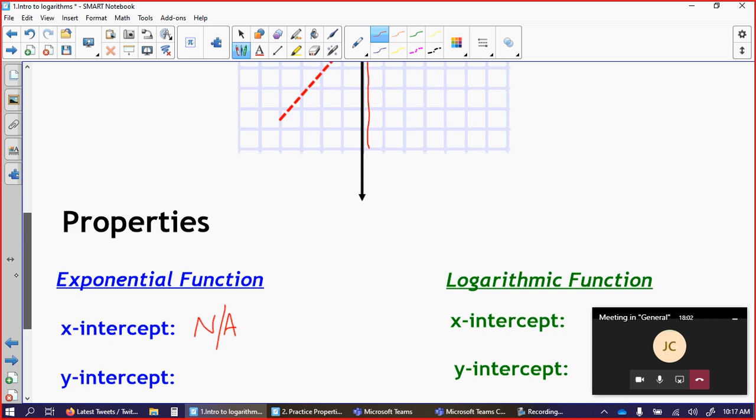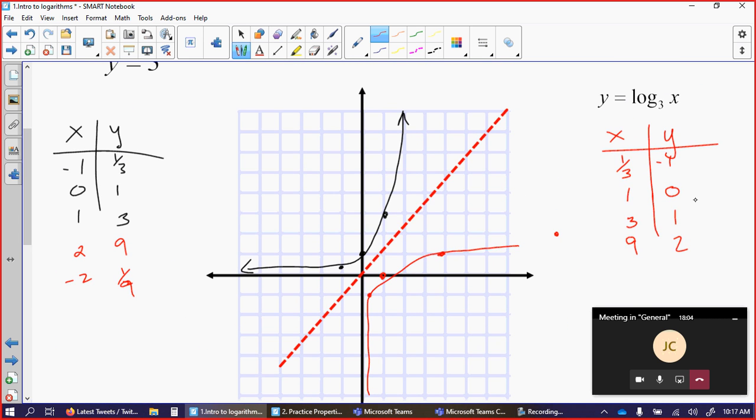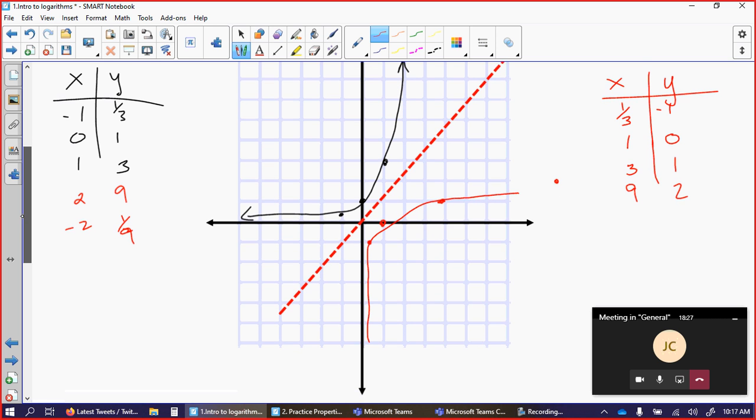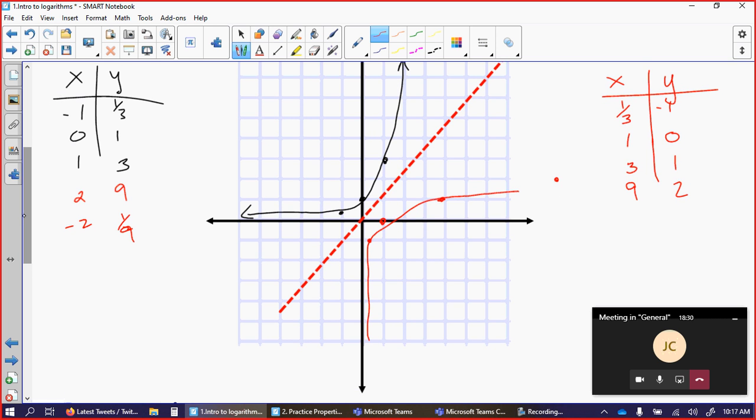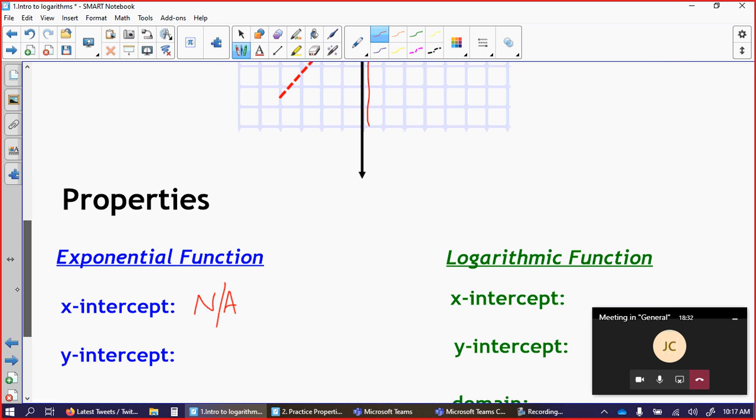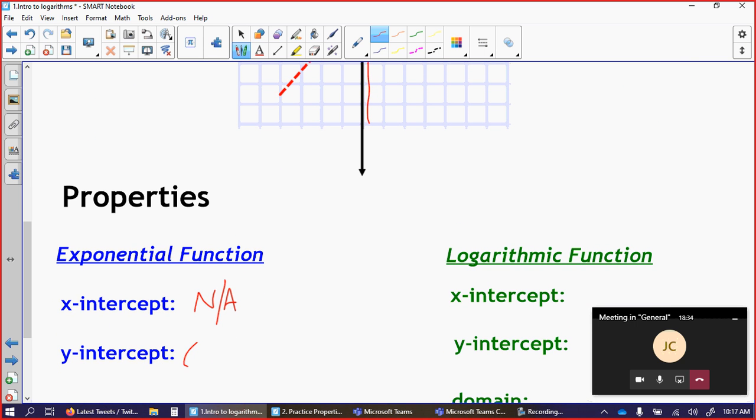And then for the 1/3, did you get that from the equation? Oh, because you flipped it. Yeah, because 3 to the x and log base 3 of x are inverses. This is x equals 3 to the y, and then we write it as, to get rid of the exponent, y equals log base 3 of x. So we're just interchanging the x and the y. Okay, I think that makes sense. Thank you. No problem.